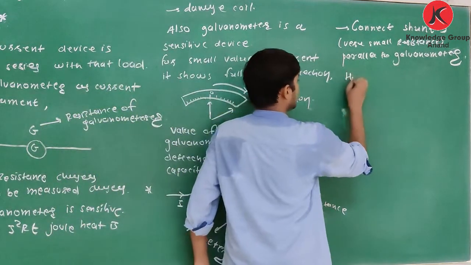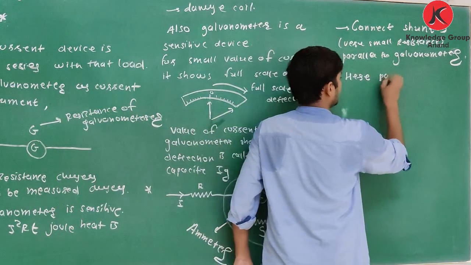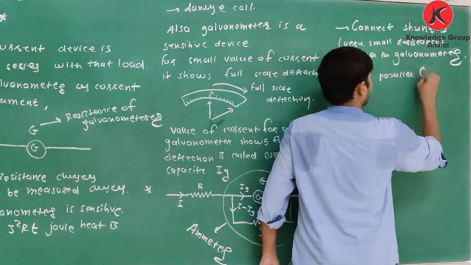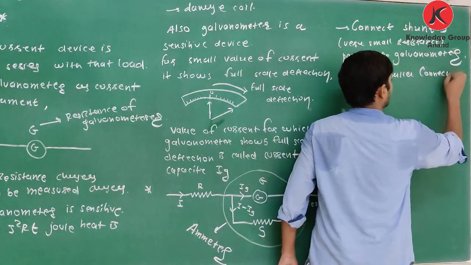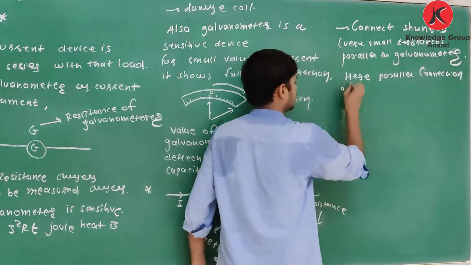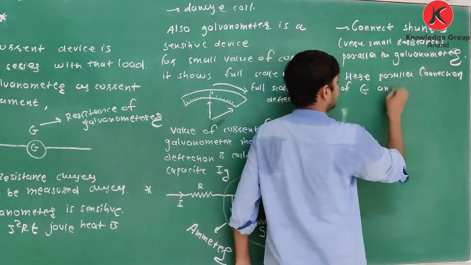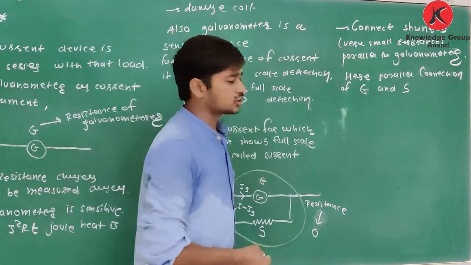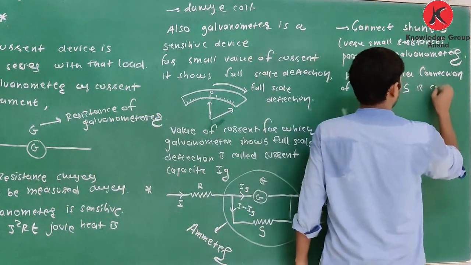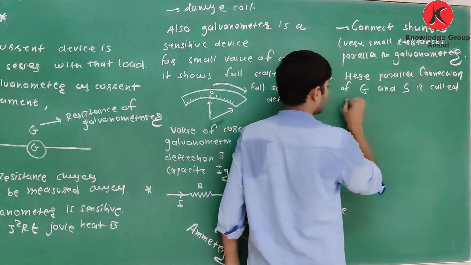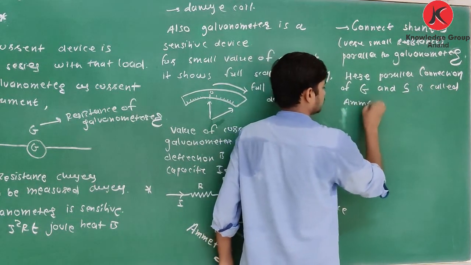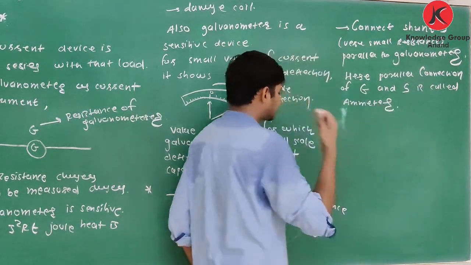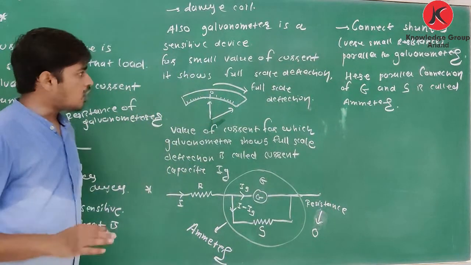For an ideal ammeter, its resistance is 0. So here, the parallel connection of G and S. What is G? Resistance of galvanometer. What is S? Shunt. Is called an ammeter. What is the resistance of an ammeter?